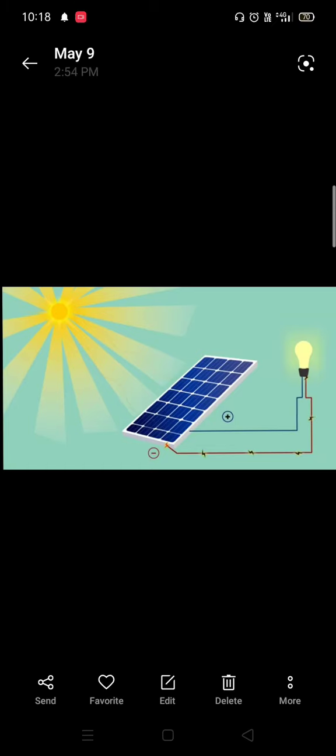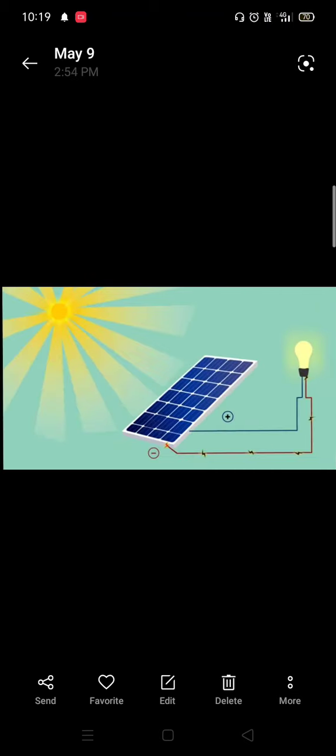Photovoltaic effect means that when light falls on a solar panel and there is a generation of electricity, this effect is called the photovoltaic effect. This is the principle used to produce electricity.